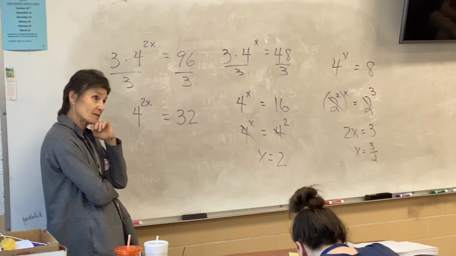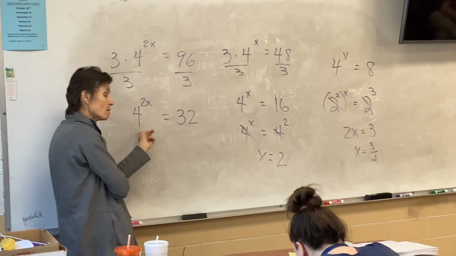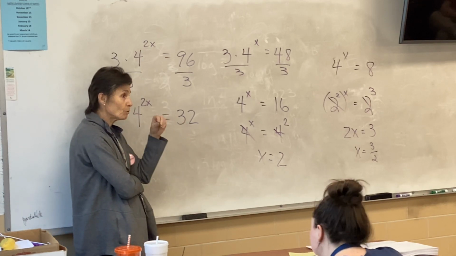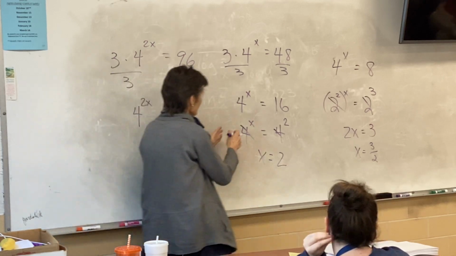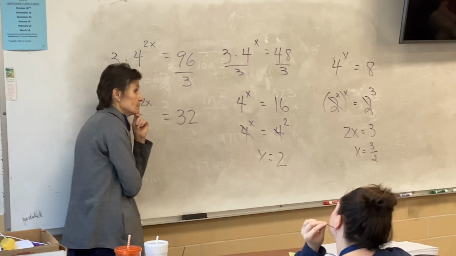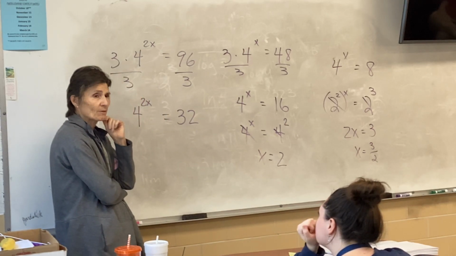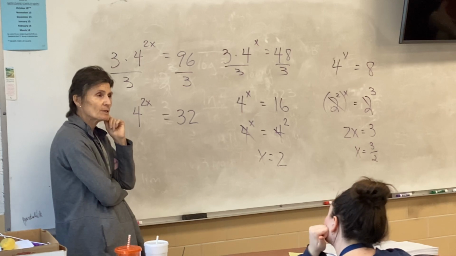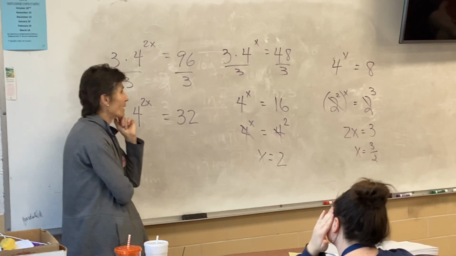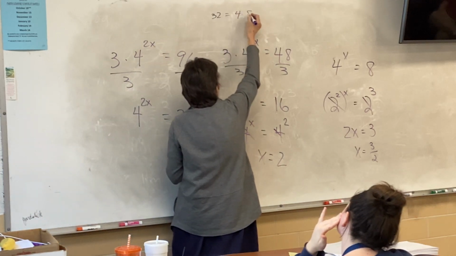Now you got to think about this for a minute, because you need 4 and 32 to both be powers of the same number. What do you know about 32? Divisible by 8. Well, it's definitely divisible by 8. 32 is 4 times 8.